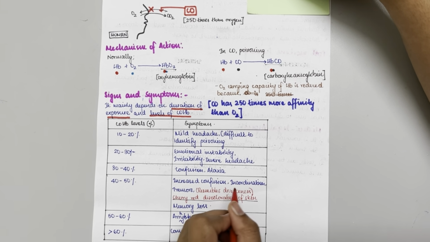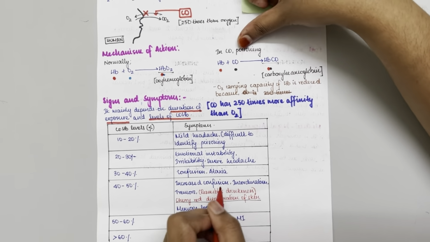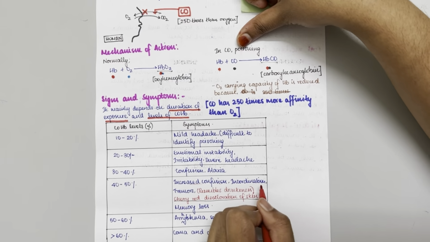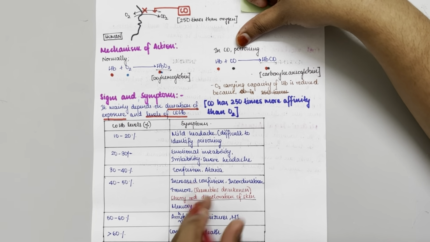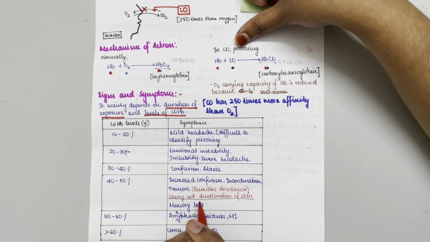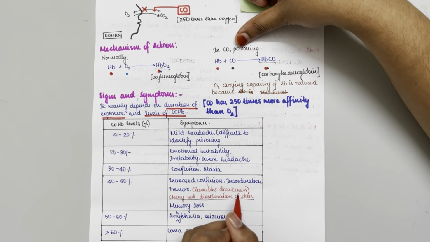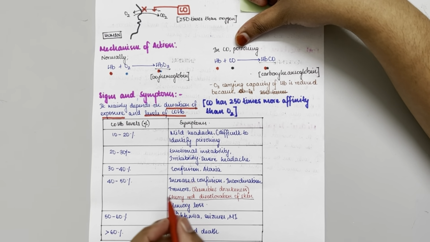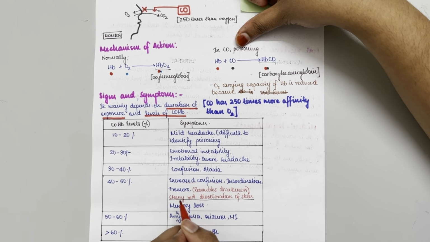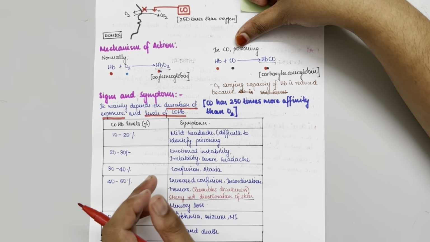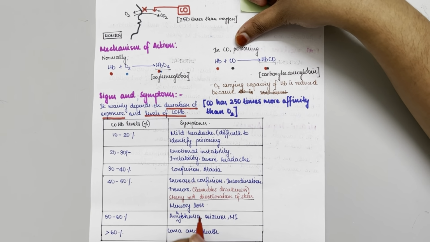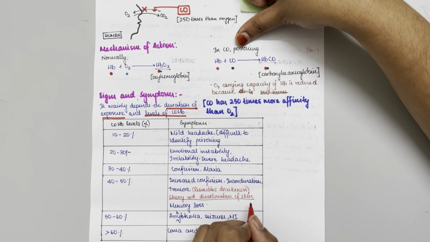This increased confusion and incoordination resembles drunkenness, so it resembles an alcoholic person. And one more classical feature that is present only in carbon monoxide poisoning is cherry red discoloration of skin.